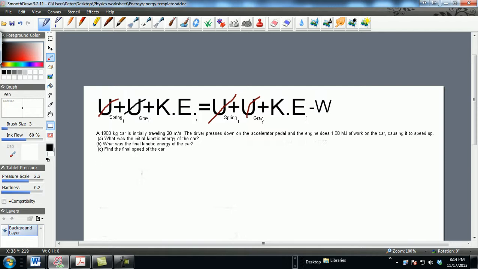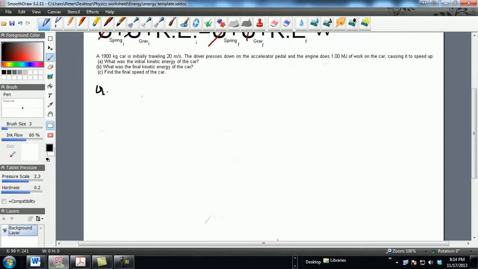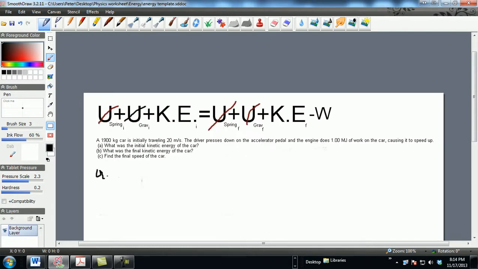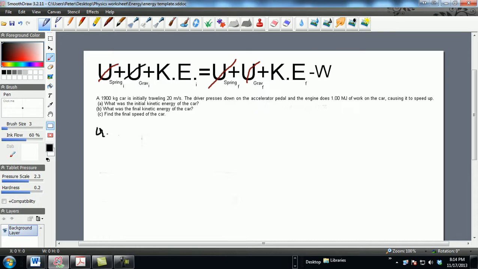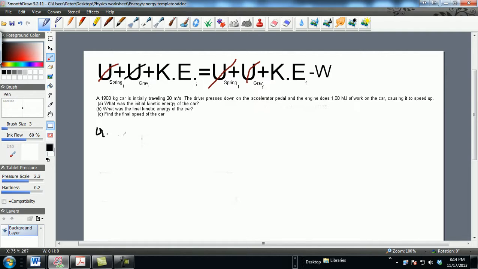What is the initial kinetic energy of the car? That's part A. Well, you know your kinetic energy initial is equal to 1/2 mv squared.